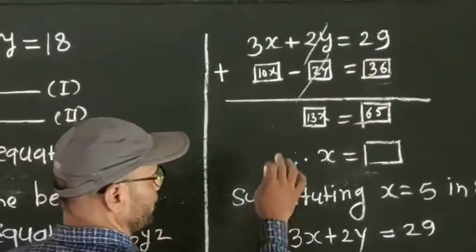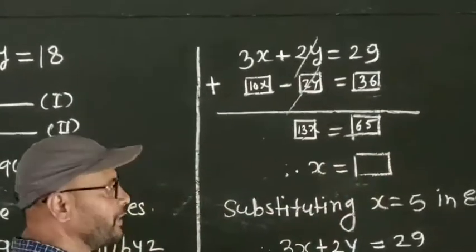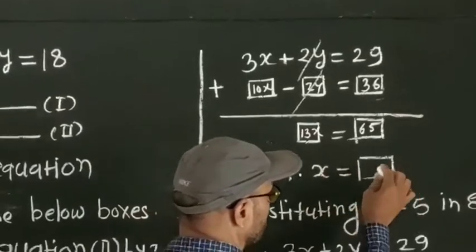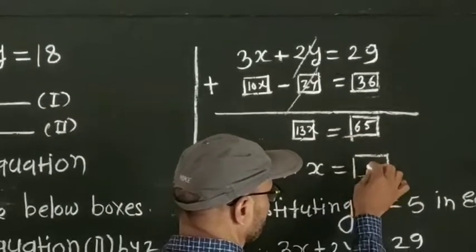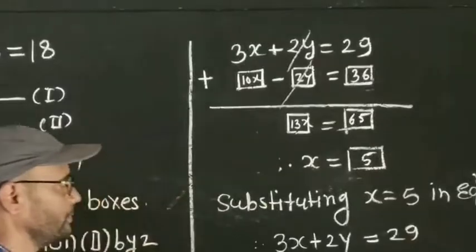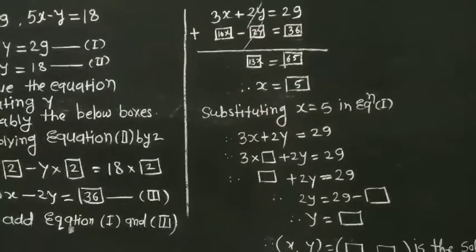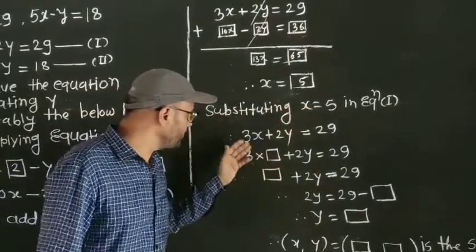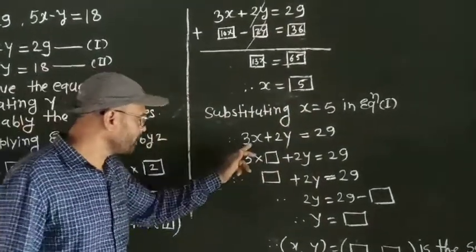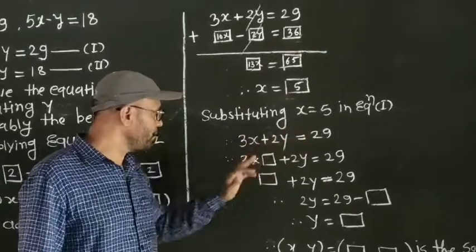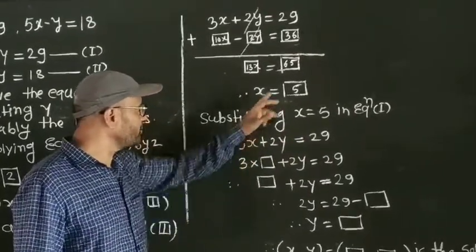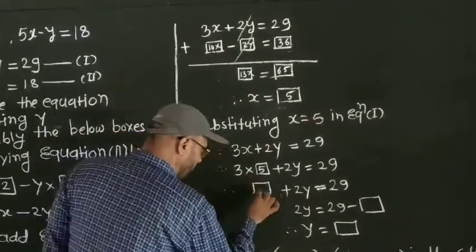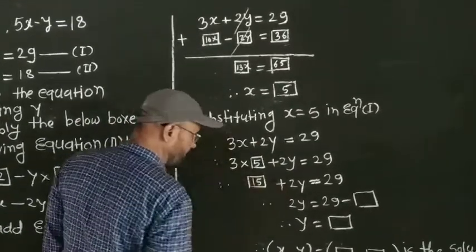Okay. Now dividing both sides by 13, after division we get x = 5. So substituting this value in equation number 1. Equation number 1 is 3x + 2y = 29. So 3 into x, meaning 5: 3 into 5 is 15.